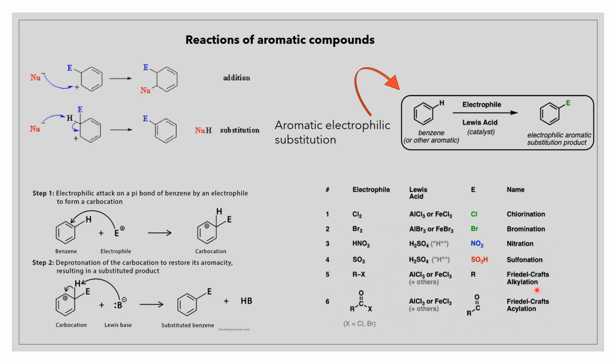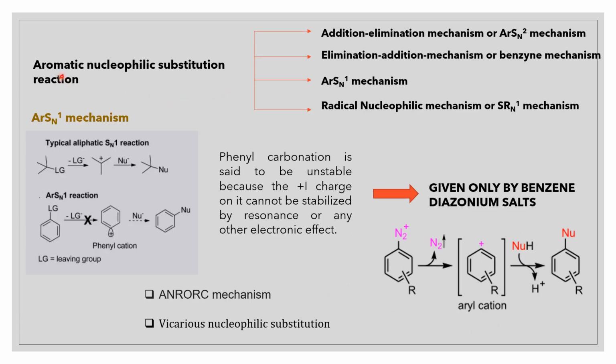Now we'll see in detail the nucleophilic substitution reaction. Now coming to aromatic nucleophilic substitution reaction, there are four different types of mechanism that are possible. Either you can have an addition elimination mechanism, abbreviated as ArSN2 mechanism, or you can have the opposite type, that is elimination addition mechanism.